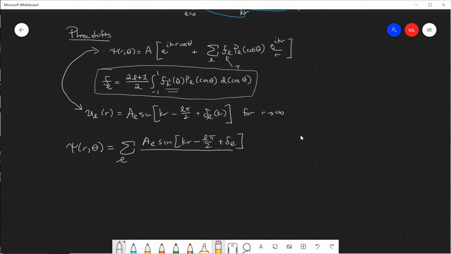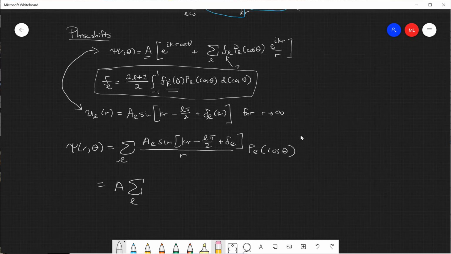These are our u's, u over r, and this is all P_L of cosine theta. And this is supposed to be equal to the asymptotic form, which now we're going to call A. That's this A right here. We're going to have overall a sum over L.